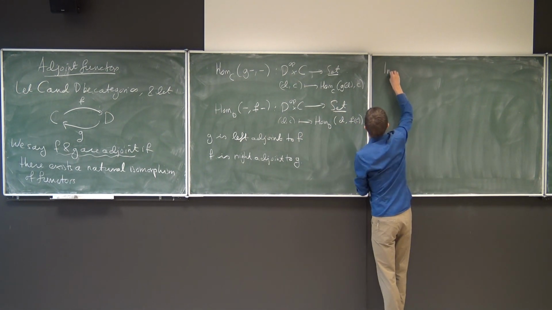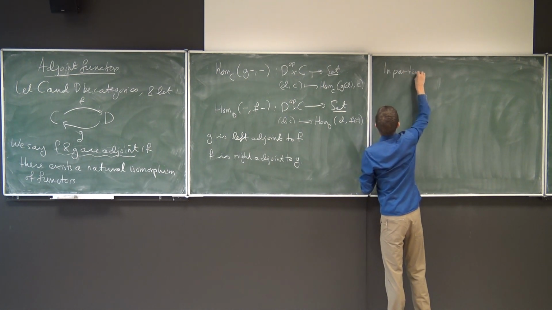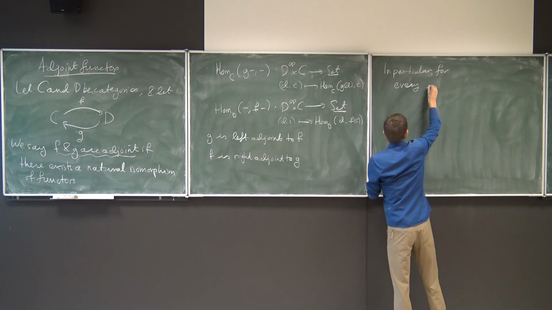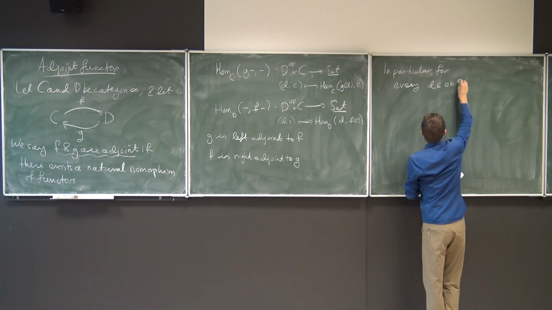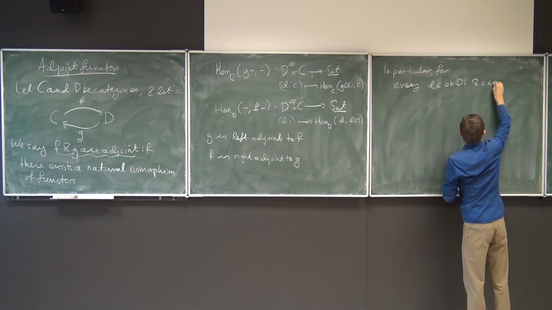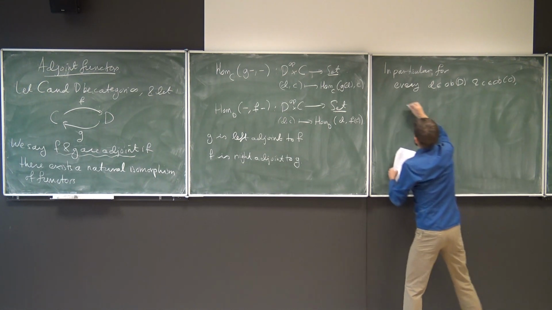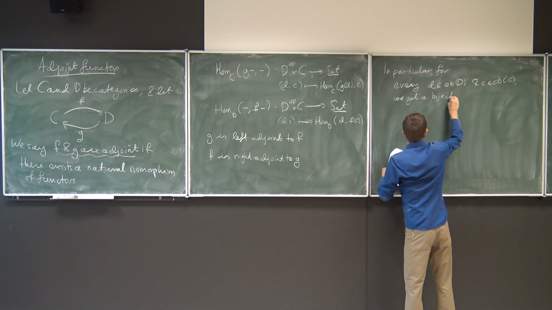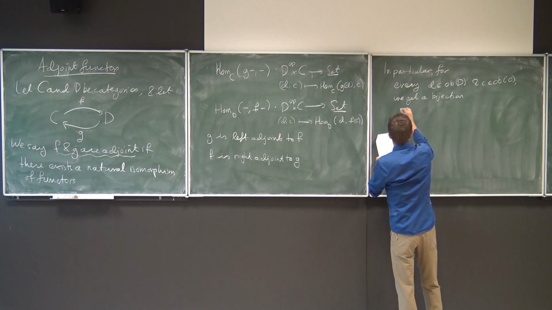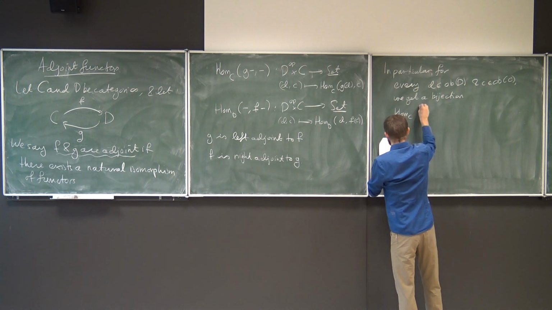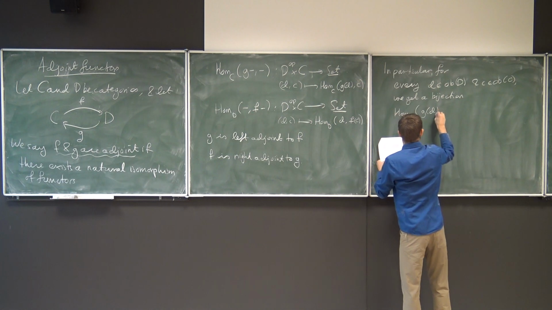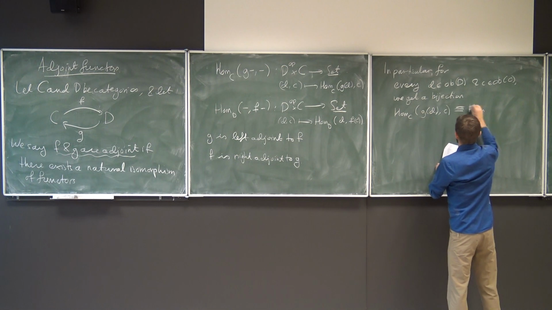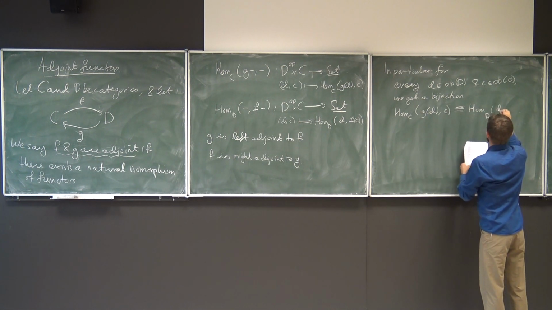In particular, for every object d of D and every object c of C, we get a bijection of sets, in this case from hom in C from G of d to c, to hom in D from d to F of c.